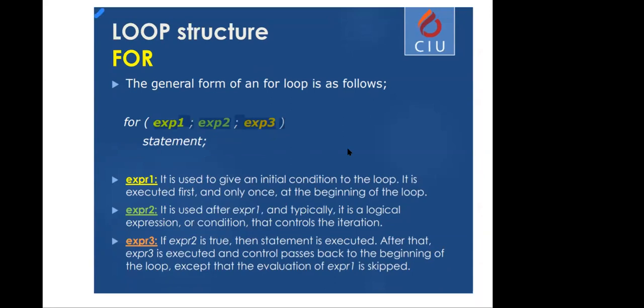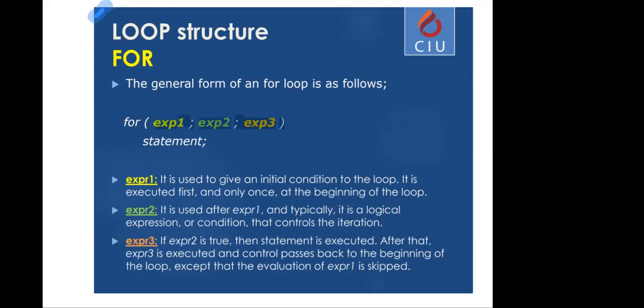For example, in expression 1, you are giving an initial condition, which executes first. Expression 2, after expression 1, is a logical expression or condition that controls the iteration. And finally, expression 3 is executed when the condition is true.